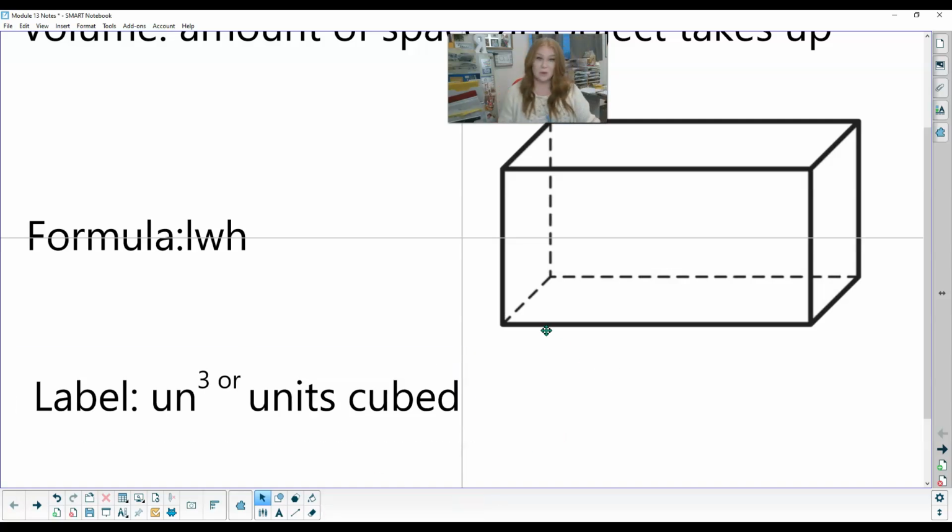I imagine most of you will want to take the shorter way and just put that 3 there to show it's cubed. That's how we differentiate volume from area or surface area. We've got to get that label on there to show that this is volume. This is the space it's taking up. This is what can fit inside of here.